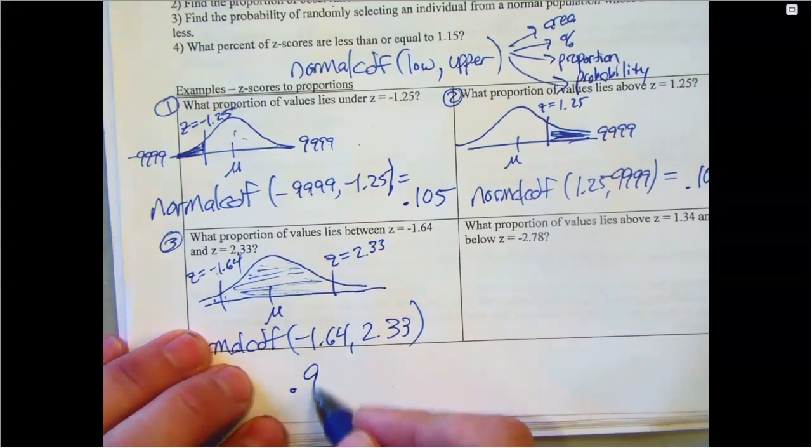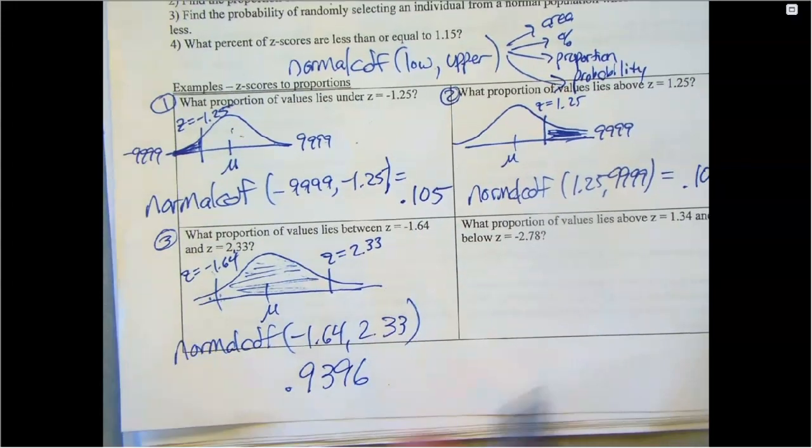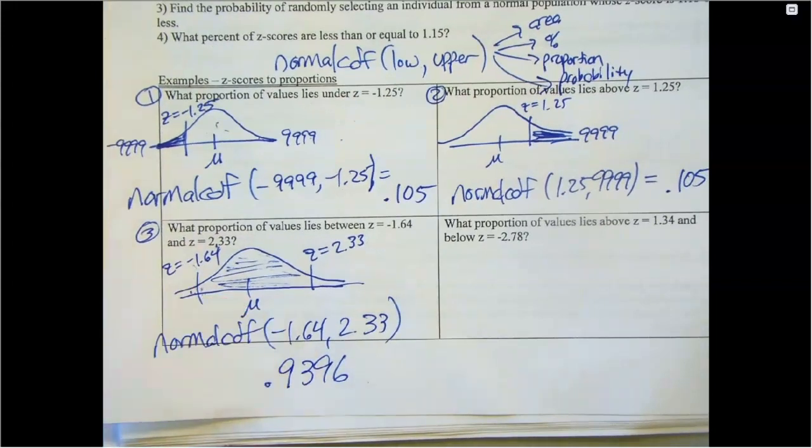For that one, I get 0.9396 or 0.94. Round to where it makes sense. Again, if you're not sure if you're putting enough decimals, just put more. There's nothing wrong with putting more. Is that okay for 3?